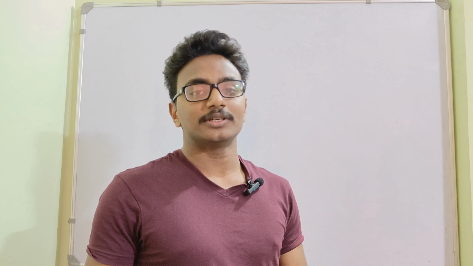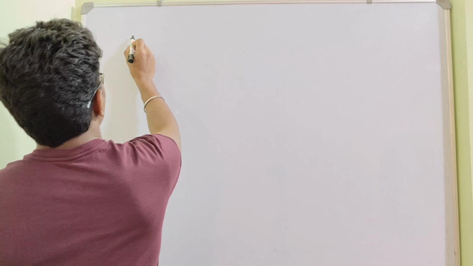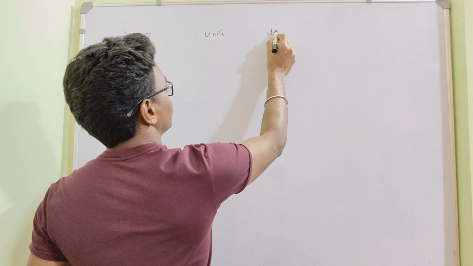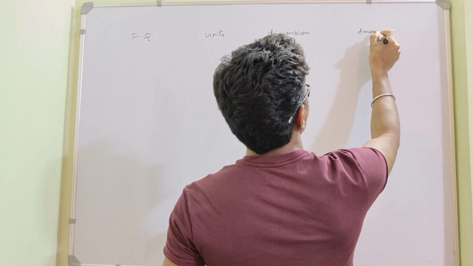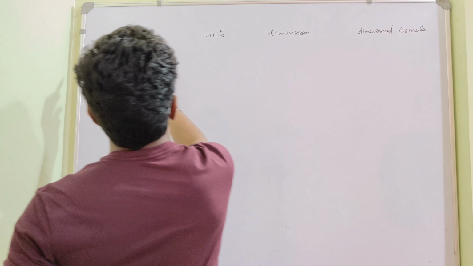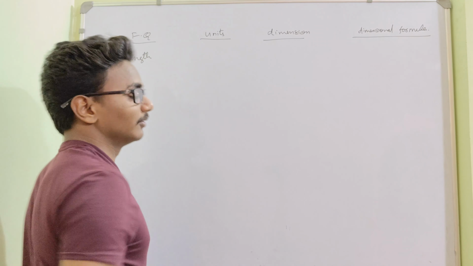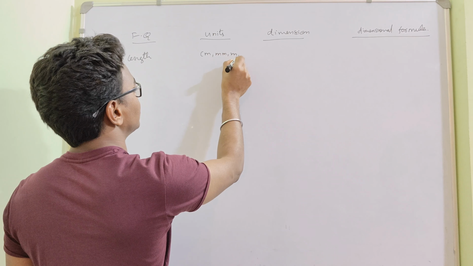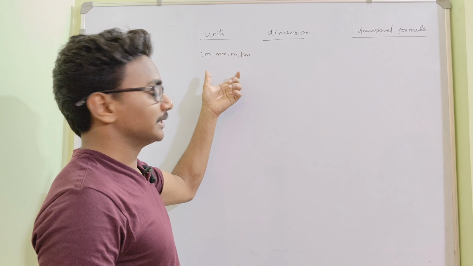Before that, we must know the difference between unit and dimension. Let's start with fundamental quantities, their units, dimension, and finally dimensional formula. Start with length. Units of length are centimeter, millimeter, meter, kilometer, and so many. I don't want to write all these units.